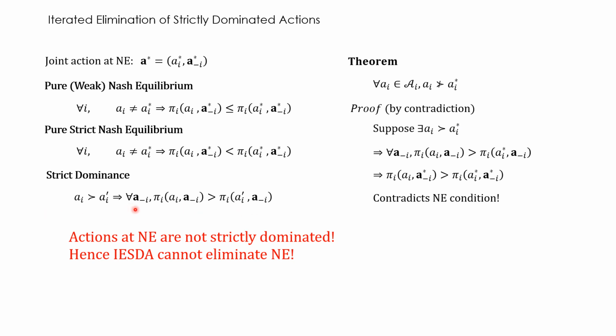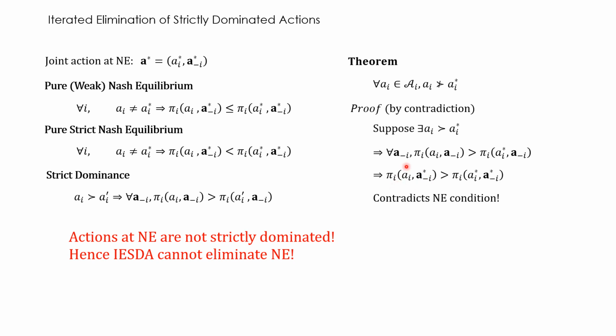So this greater than relationship holds, which we write here. And now, since this relationship is valid for all opponent actions a sub negative i, it must in particular be valid for the opponent Nash equilibrium action a star sub negative i.